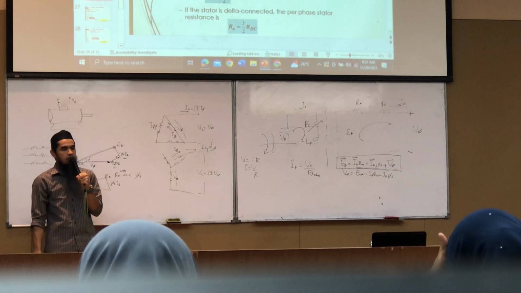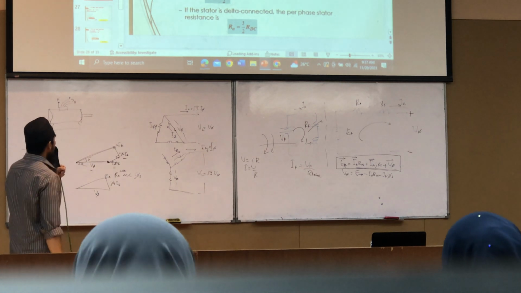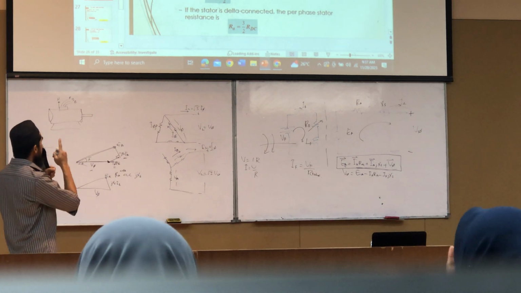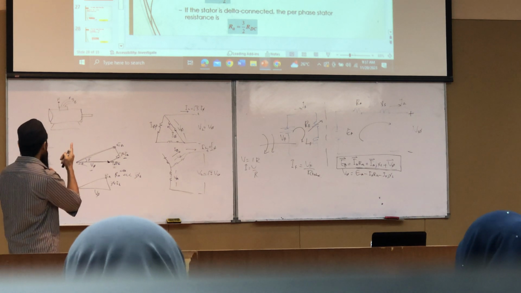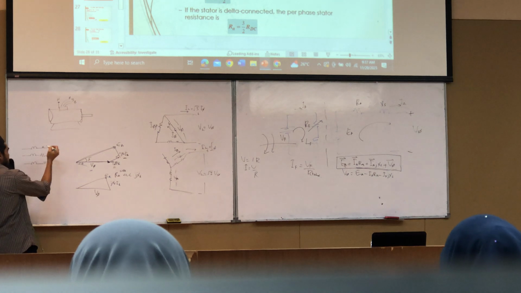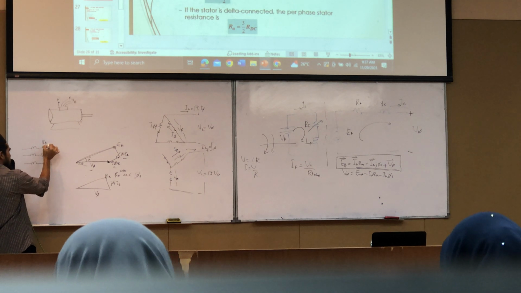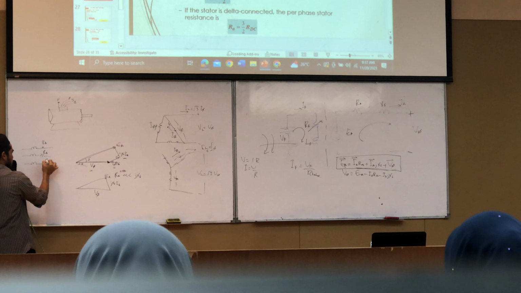So that's all. Okay. And when you want to test the performance of your machine, the first thing you have to do is confirm the amount of this RA. When you connect in DC, the inductor value will become saturated, so it becomes like a short circuit, so the remaining value is only RA.